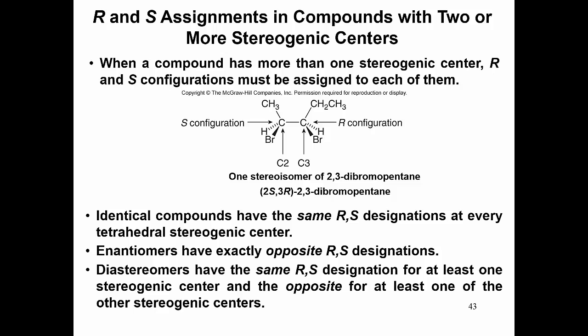And identical compounds, you can tell without doing the mirror and superimposability, they're going to have the same chirality, that is the same RS designation at their stereogenic centers. That should be sort of obvious. And the enantiomers are going to have opposite RS designations. Diastereomers have the same. Now, don't memorize this.